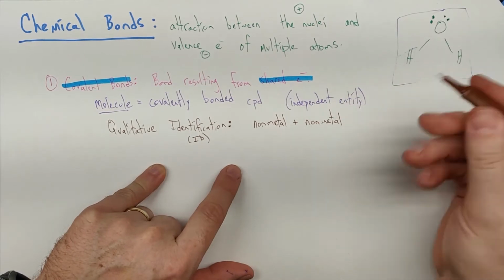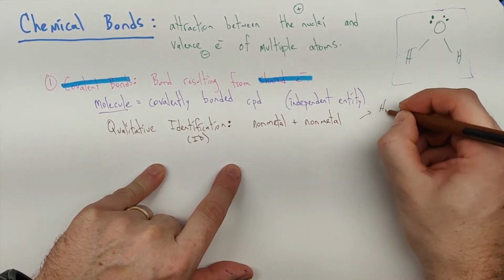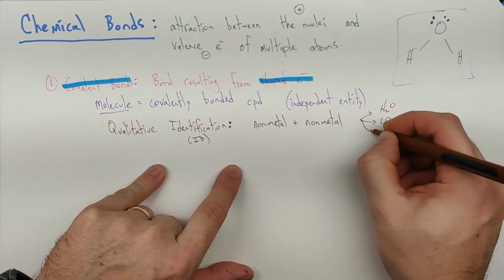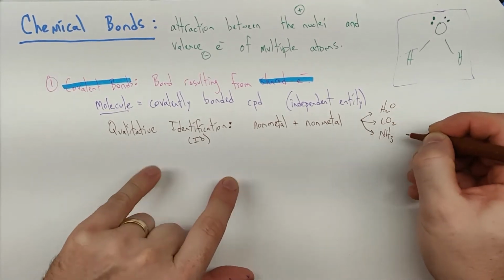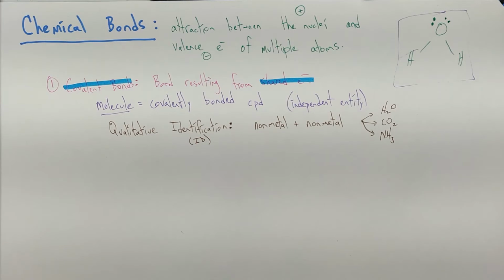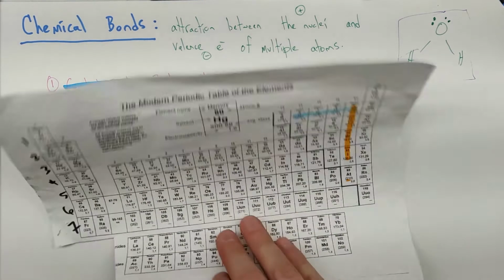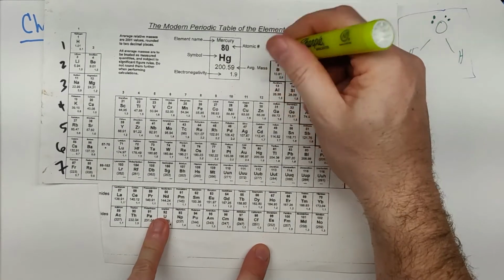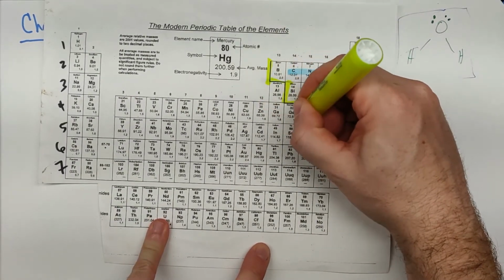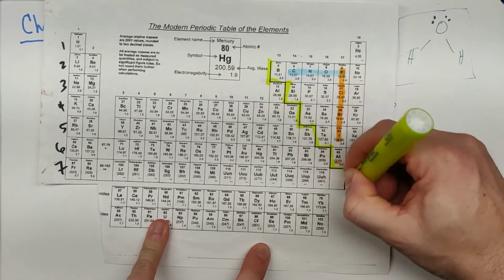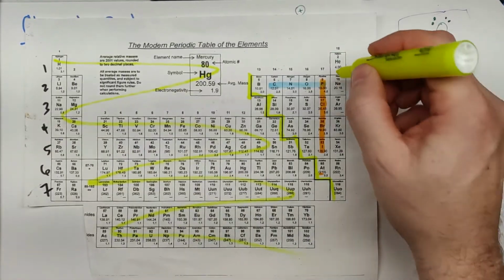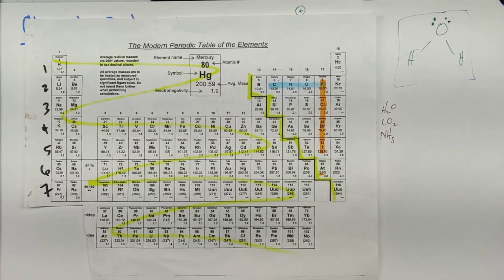What would be some examples of that? Well, we just saw H2O, or CO2, or NH3. And if you're asking how we know if something is a metal or a nonmetal, it's based on location on the periodic table. Everything left of our jagged line here, for the most part, we're going to treat as a metal. And everything over here, we're going to treat as a nonmetal.